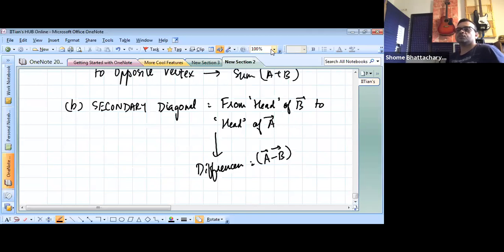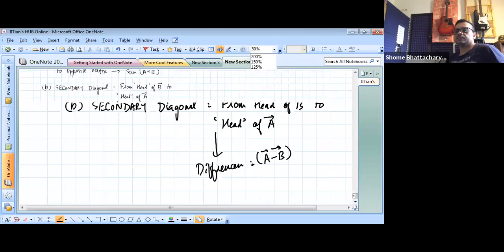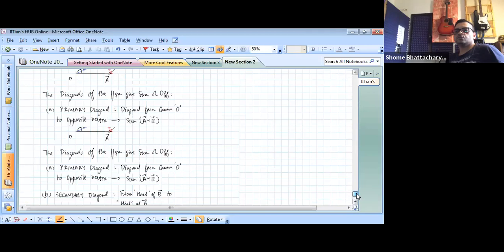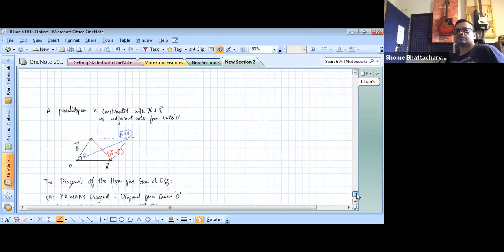First just note down this theorem and the diagram for it, then we'll understand the derivation and the logic of it, how within the same parallelogram figure we are getting both the sum and the difference.